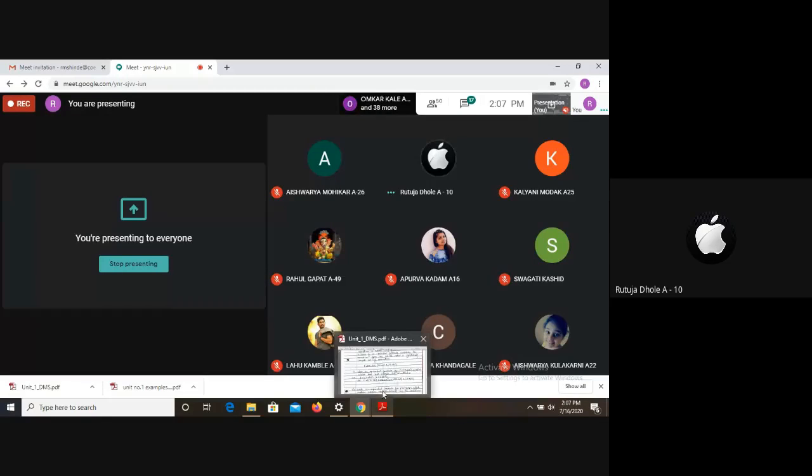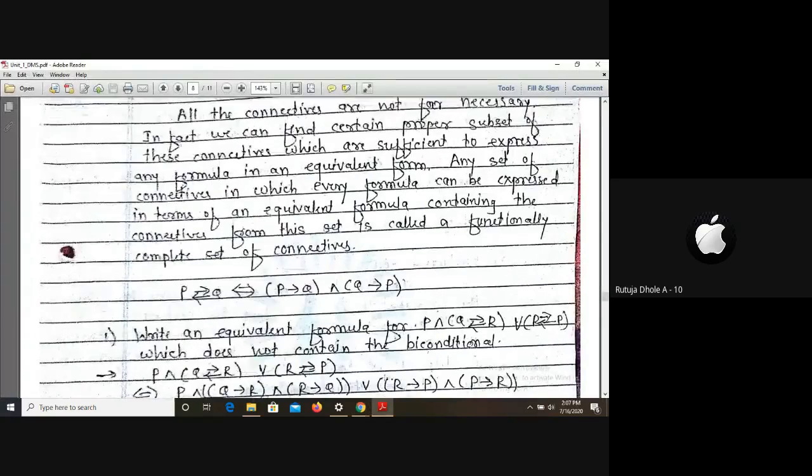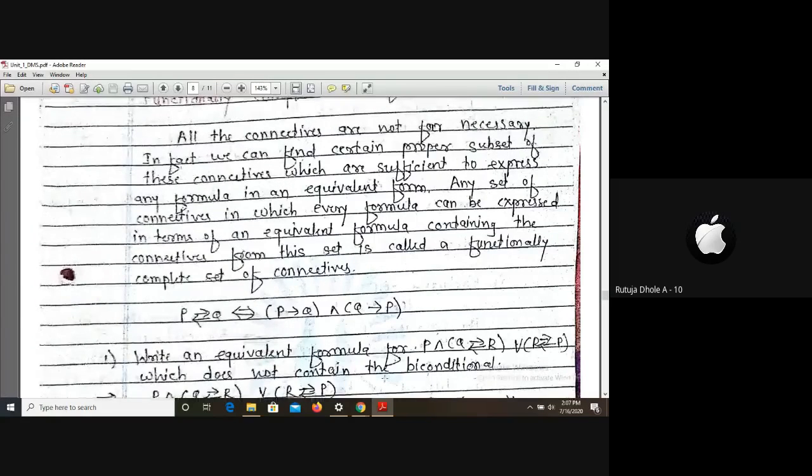If P is biconditional of Q, then P is equivalent to Q and R is equivalent to Q. What? I'm not getting. I said that remove biconditional from this given formula.